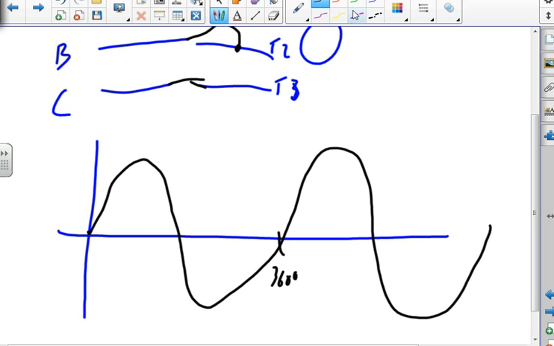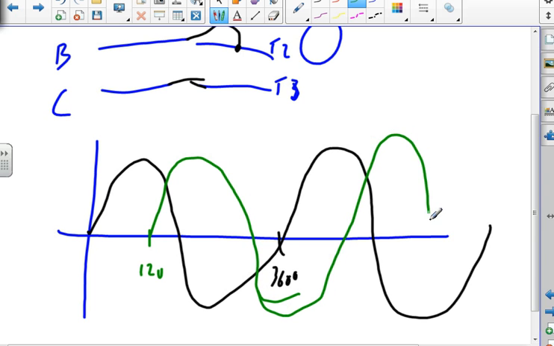My second phase starts 120 degrees away from the first one. And then the next one's 240 degrees from the first one.